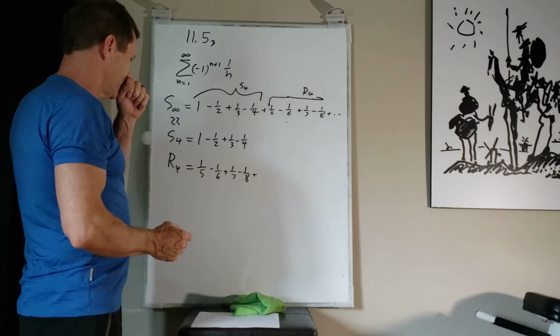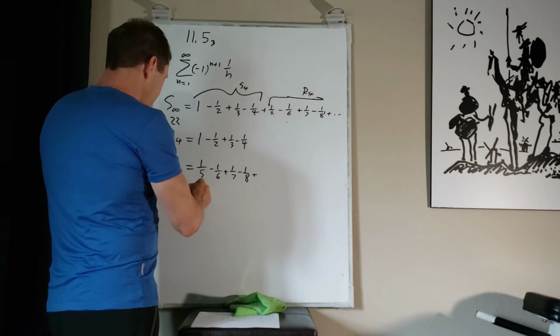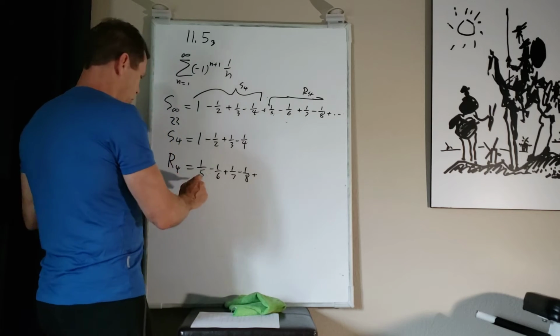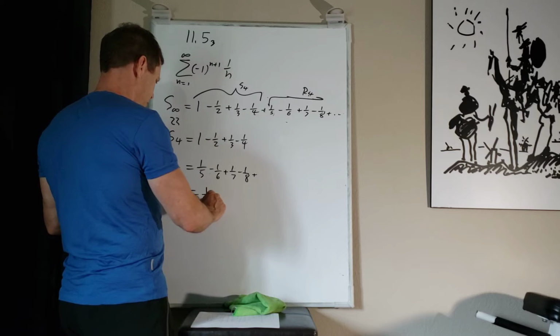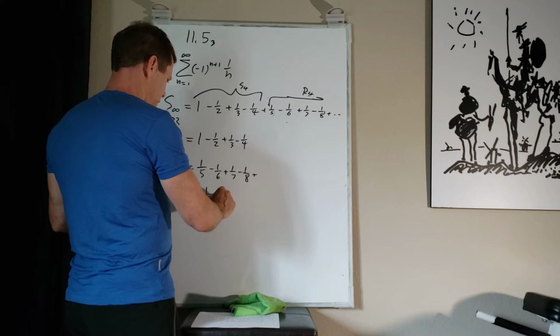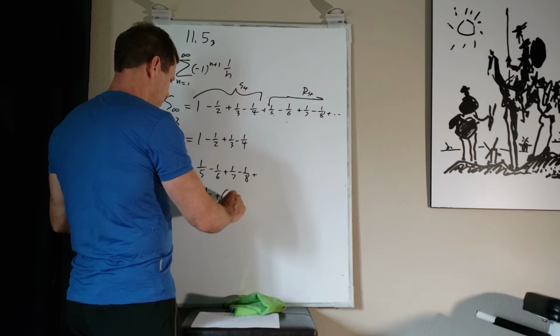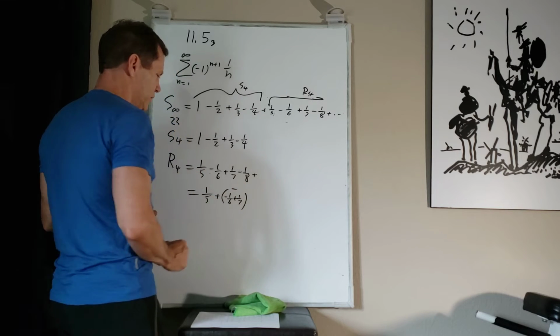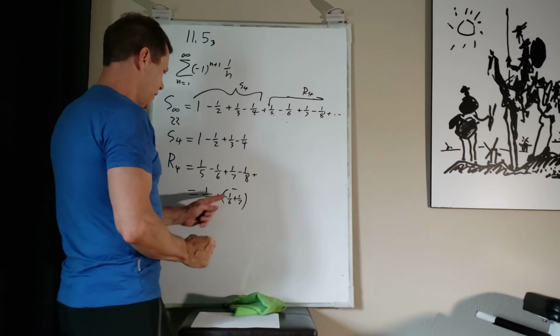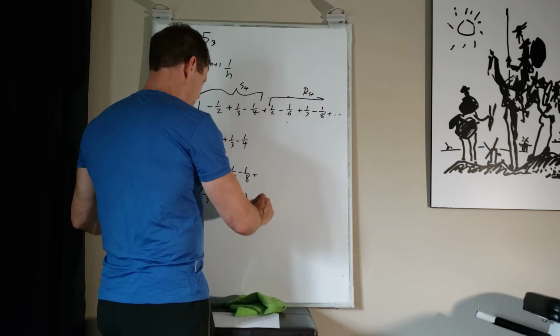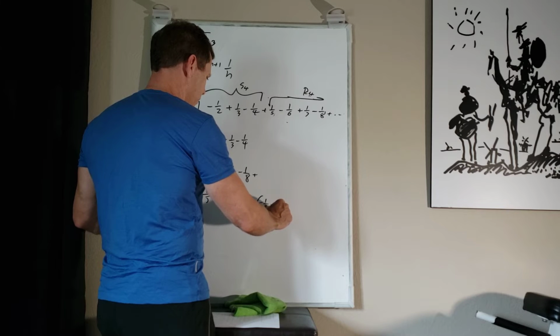Now, let me rewrite this. R4 can be written as 1/5 plus (minus 1/6 plus 1/7). That's a negative number. Then I can take the next two, plus (minus 1/8 plus 1/9).